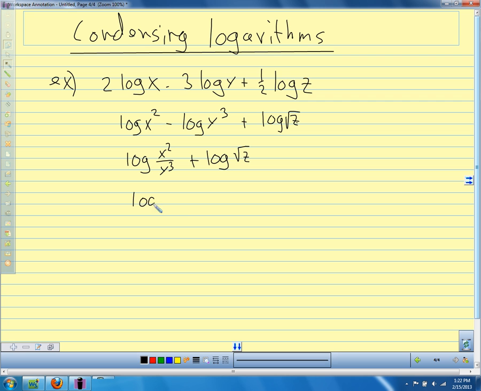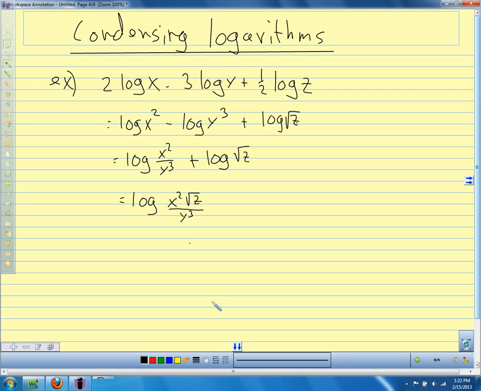So this finally, as one logarithm, is going to be the log of x squared times the square root of z over y to the 3rd. So we're just condensing, using the rules of logarithms to condense this down into a single logarithm. Any questions on this?